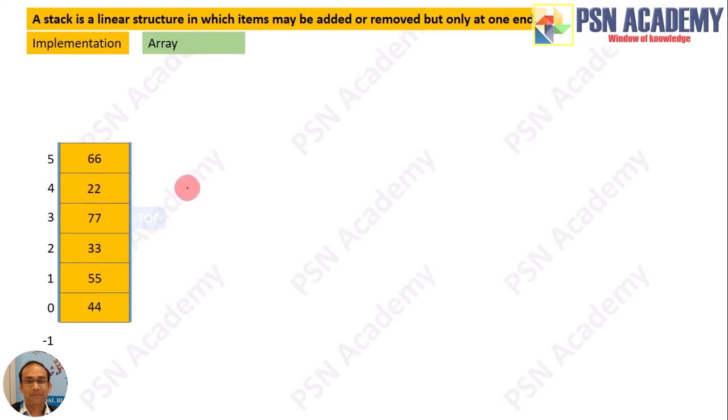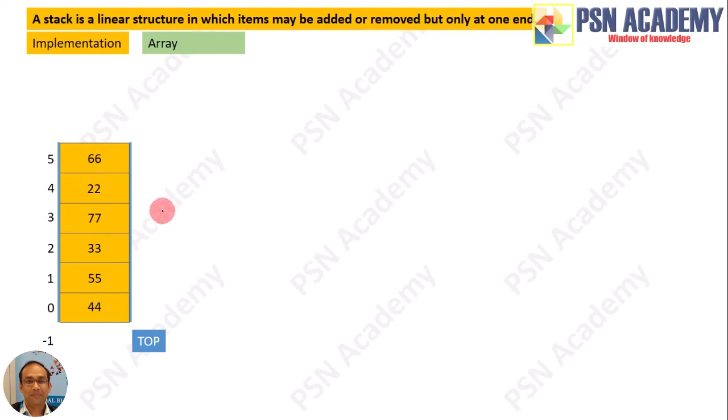Further, you decrement top and we will say that the topmost element is at 3 with the element 77 there. Like this, you can go on decrementing the top one by one until the top reaches -1.